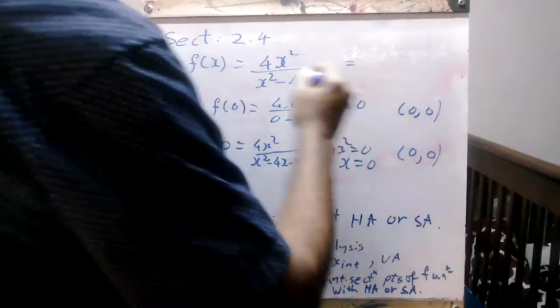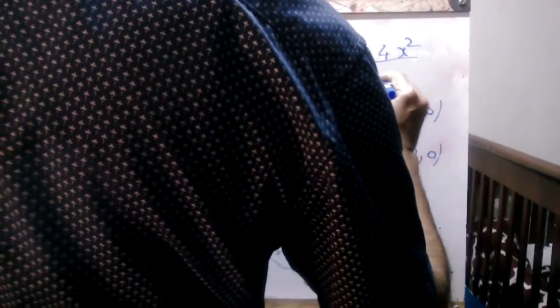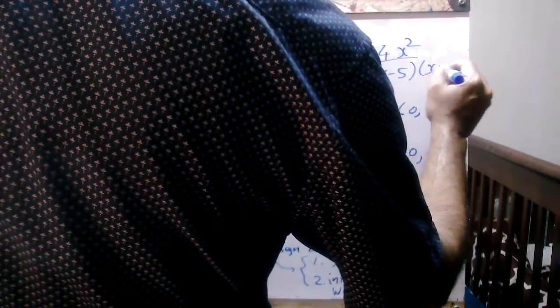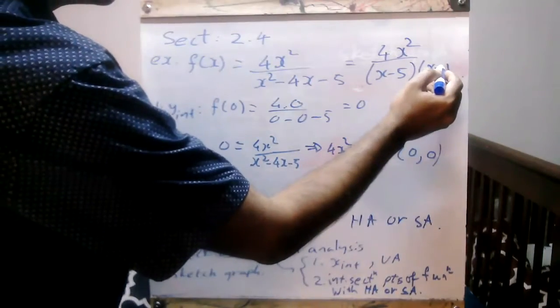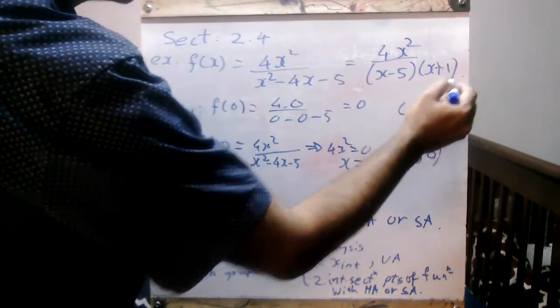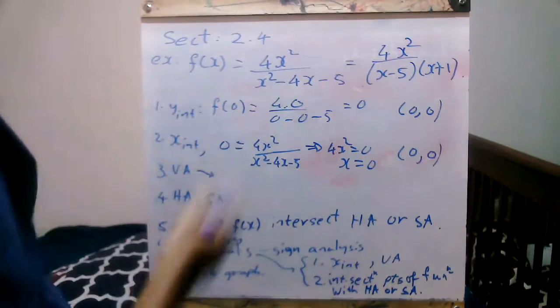Let's factor this out. 4x squared divided by (x minus 5)(x plus 1) when we factor this.